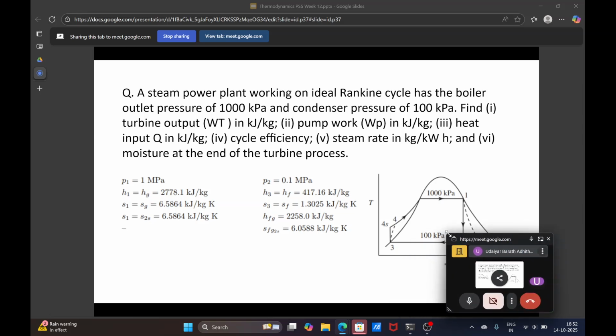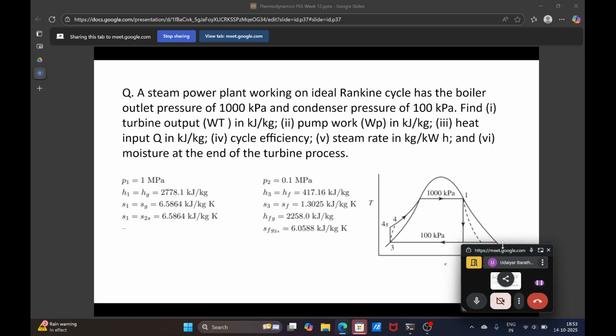So what is given is the operating pressures, 1 megapascal and 0.1 megapascal, and similarly the enthalpies and entropies at the state points.